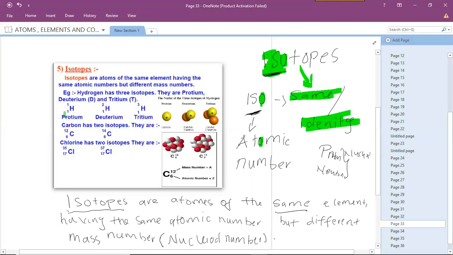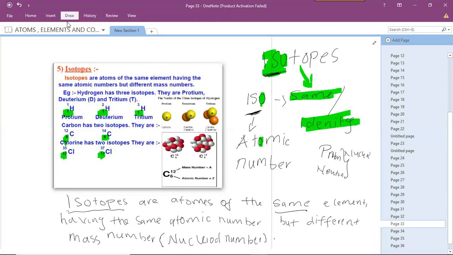The first thing that you have to identify is the atomic number is always the same, because that's the uniqueness, that's the fingerprint. So an atomic number of 1 tells us that this is an atom of hydrogen. An atomic number of 6 tells us this is carbon. An atomic number of 17 tells us this is chlorine.